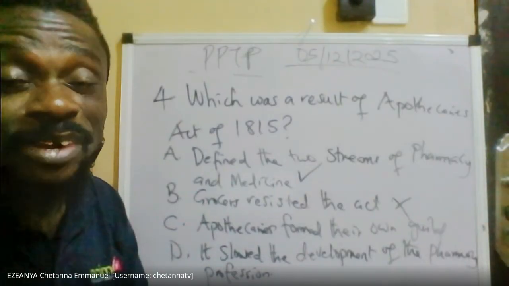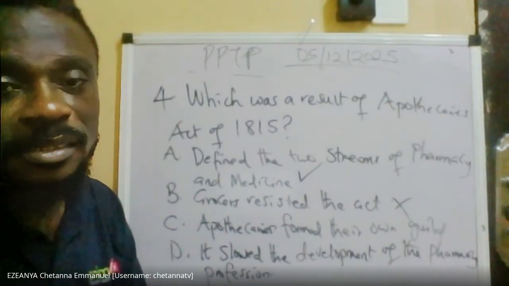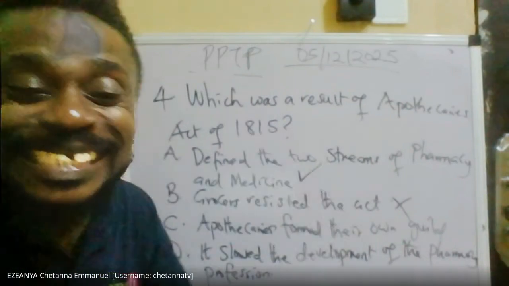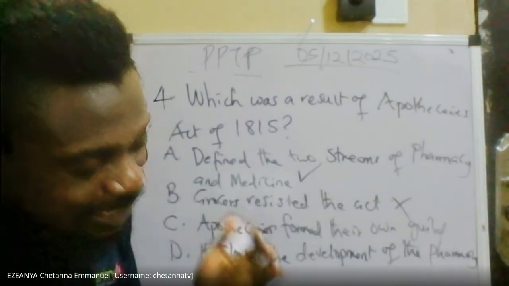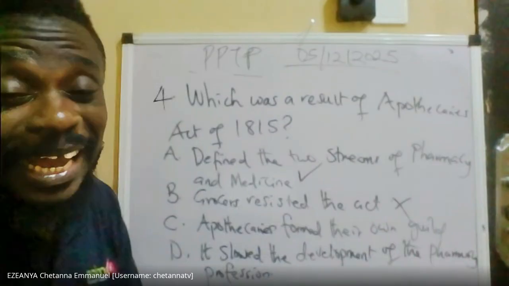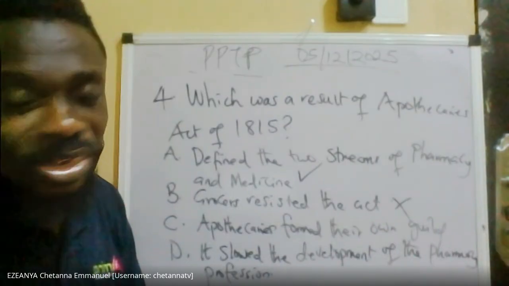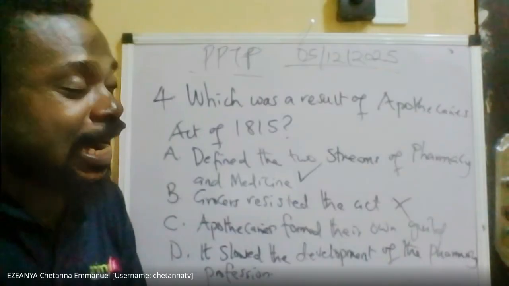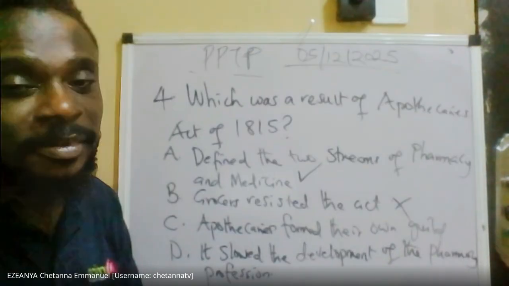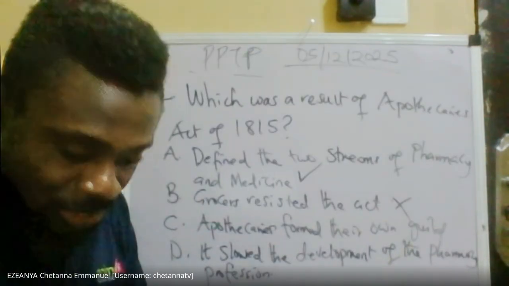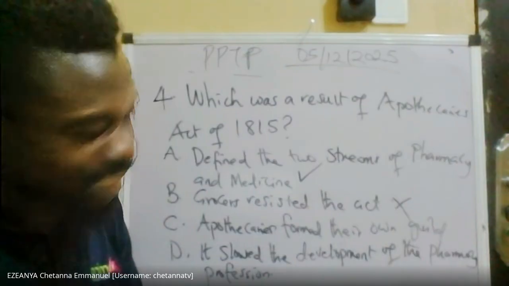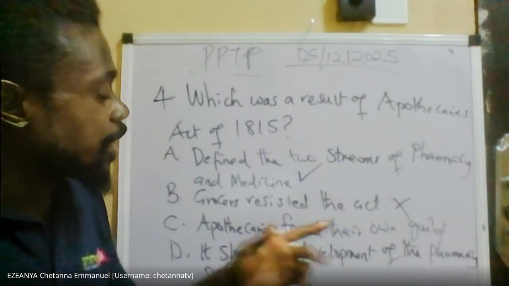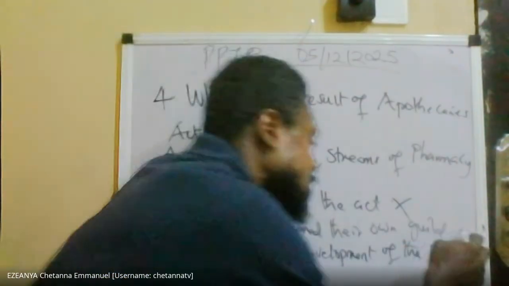Because the act actually regulated the practice and licensing. Practice and licensing, that is the concern of the act, not to create a guild as the main outcome. Yes, a guild happened, but it's not the main purpose of the act. So that's why this is not the answer.